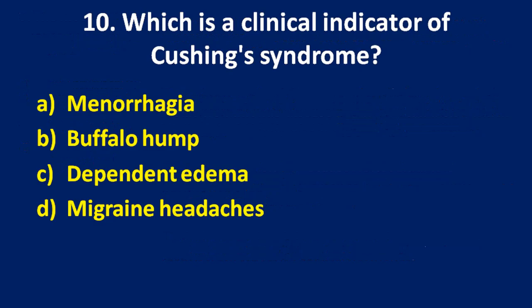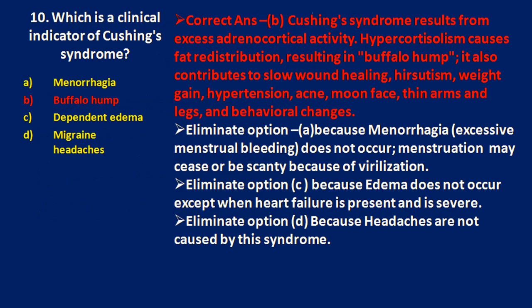10th question. Which is a clinical indicator of Cushing syndrome? Option A, menorrhagia, option B, buffalo hump, option C, dependent edema, option D, migraine headache. The correct answer is option B, buffalo hump. Cushing syndrome results from excessive adrenocortical activity.